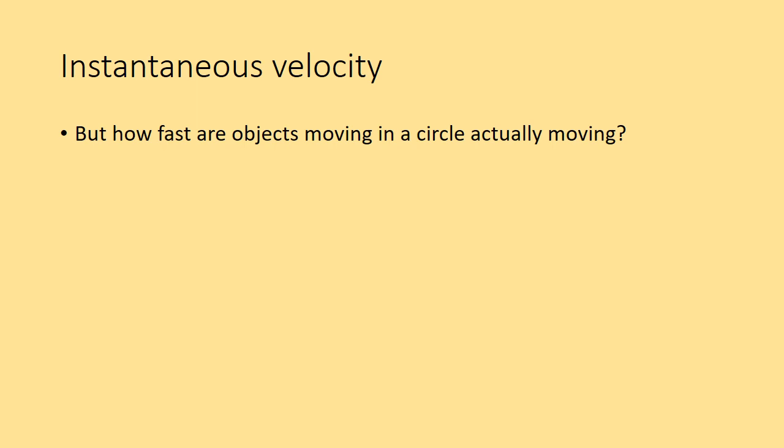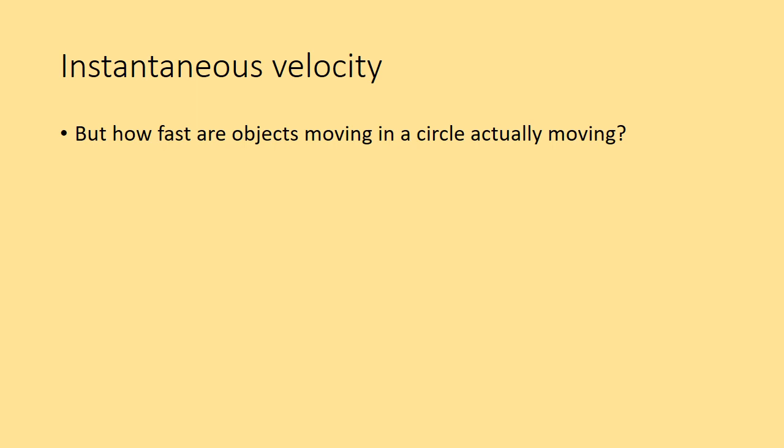Okay, so going back to our original question, how fast are the hands moving? That we can only really talk about in terms of angular velocity. But let's say we've got something else moving in a circle. Let's think about a satellite orbiting the Earth.